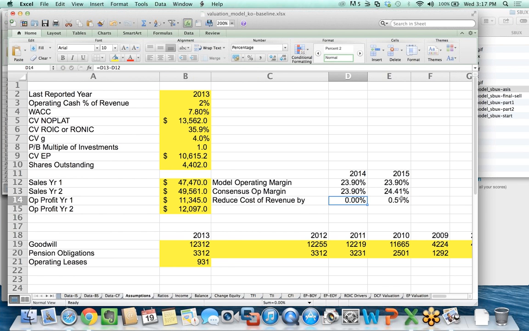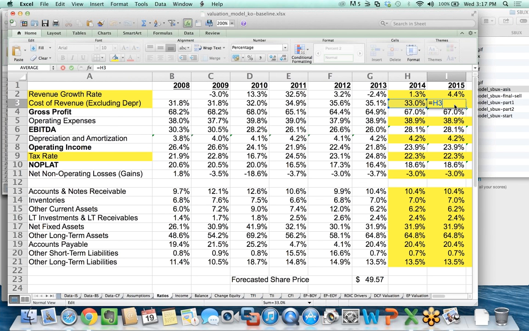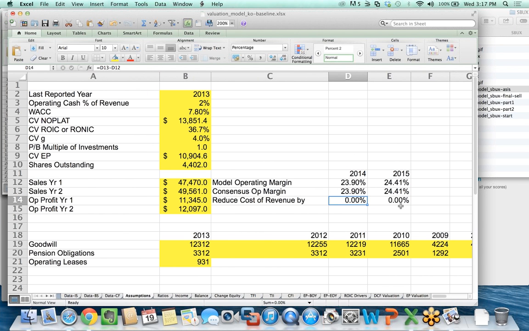And in the next year, they're going to gain another 0.5% of margin. So ratios, minus 0.0051. Assumptions. This is now a zero difference between the 2 years.